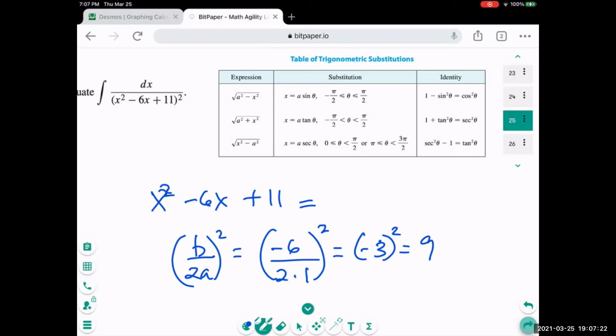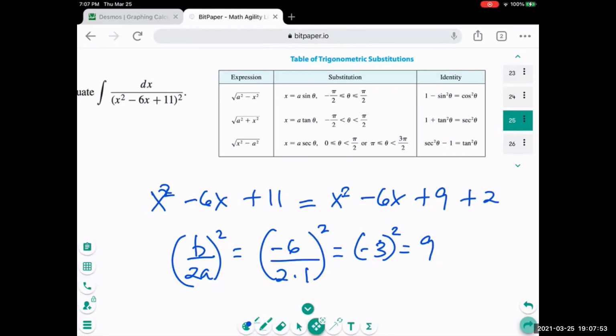So x squared minus 6x plus 9. Since it should be 11, so dapat may plus 2, right?